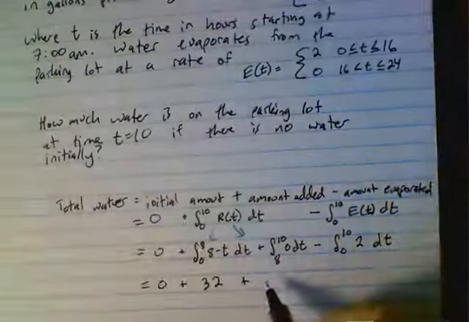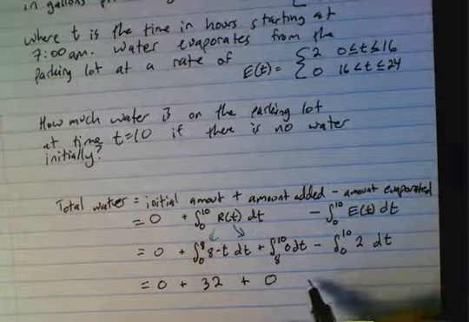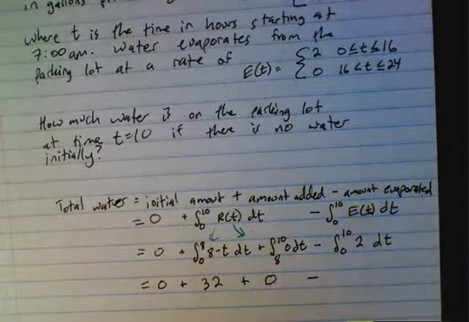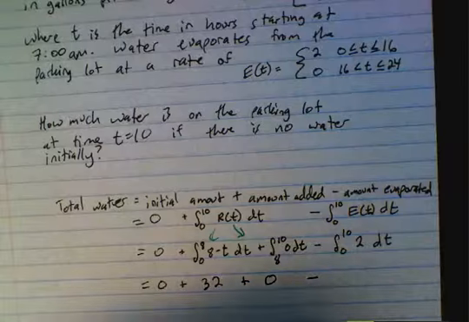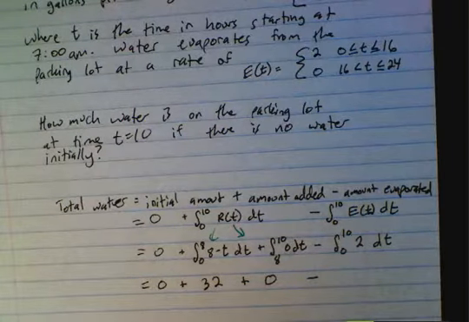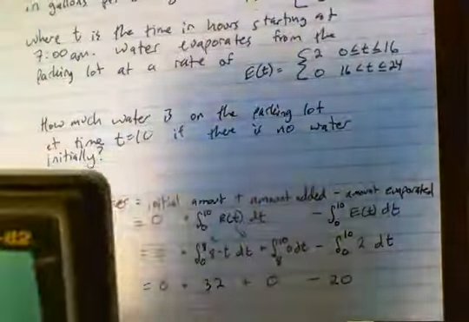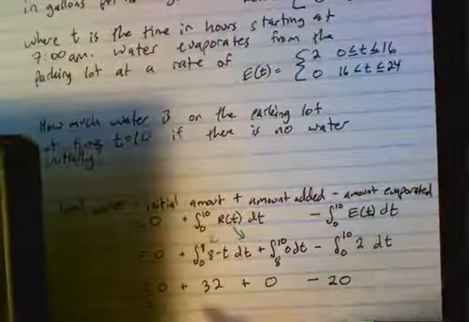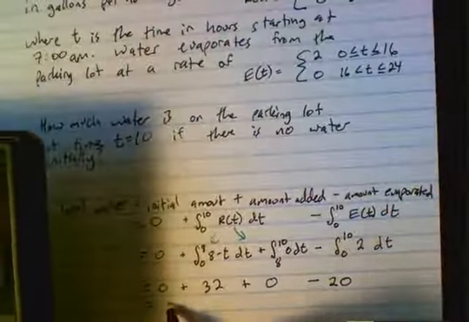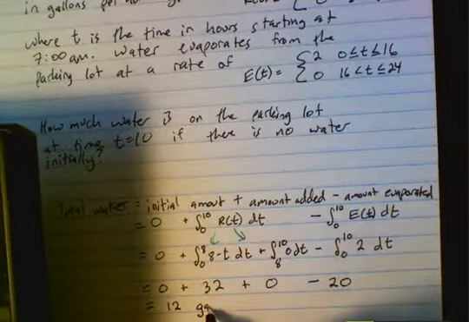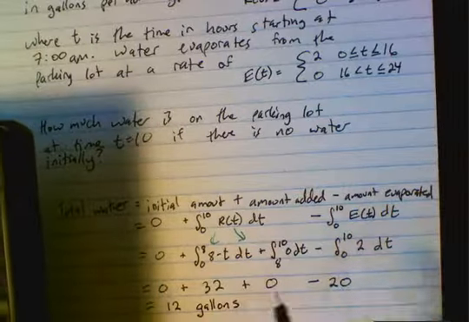The integral of 0 from anything to anything is still 0. And then the integral of 2 from 0 to 10, you can do that one in your head, but do check on the calculator to confirm. That's 20. So when we add those up, 32 minus 20, 12 gallons.